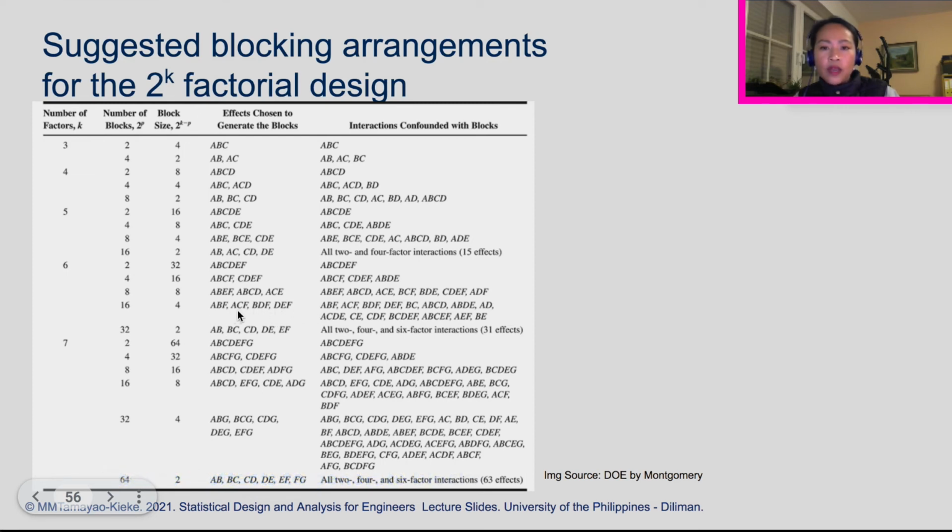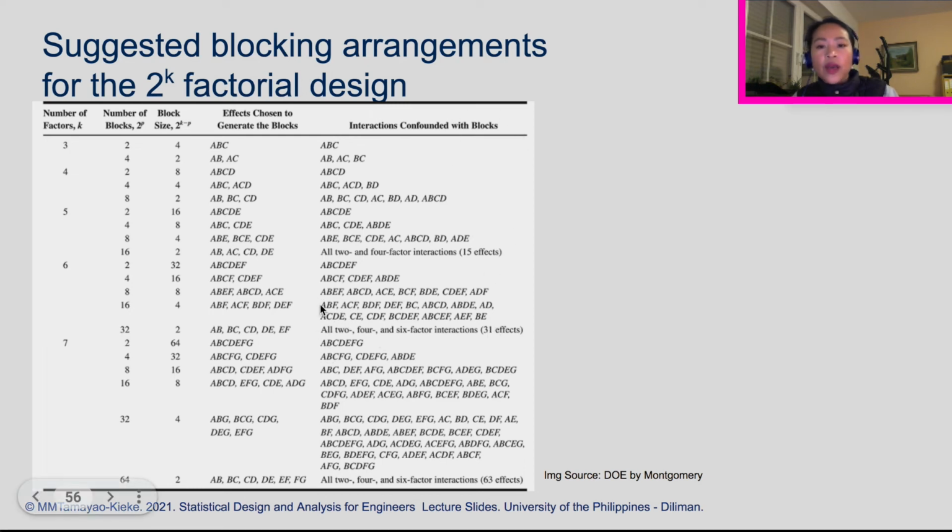With these effects chosen as the ones to generate the blocks, you would also have to include their interactions. These are the overall effects and overall interactions that are confounded with the blocks.